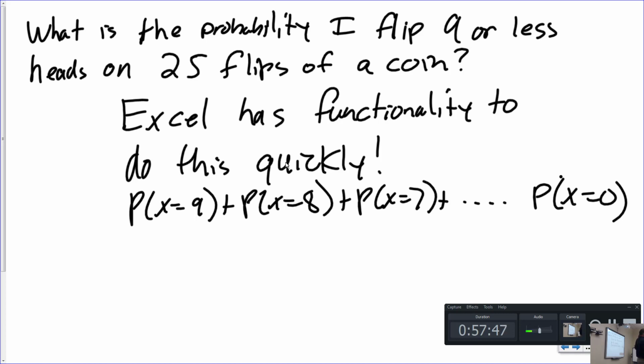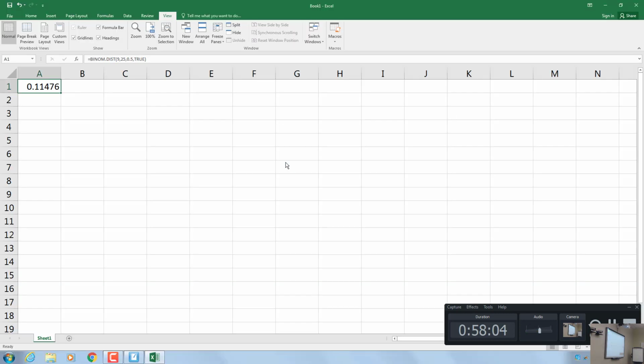It wouldn't be overly painful in here because we can use some of our knowledge of dealing with exponents to make it a little bit easier. But it's still going to be a little bit clunky. Whereas if you pop over to Excel and get it calculated quickly, you can see that the probability is going to be somewhere around 11.48%.